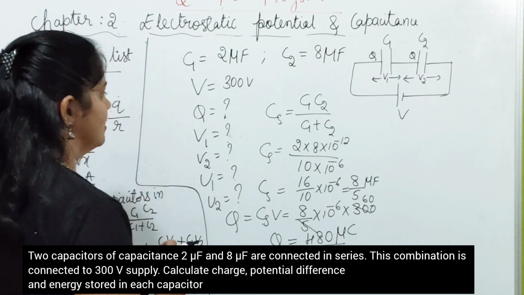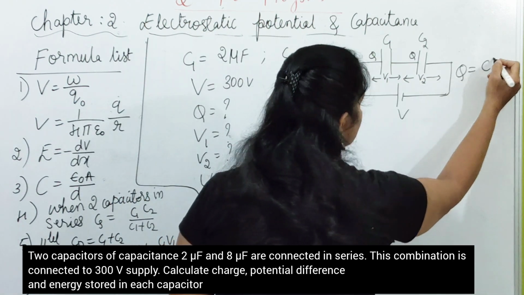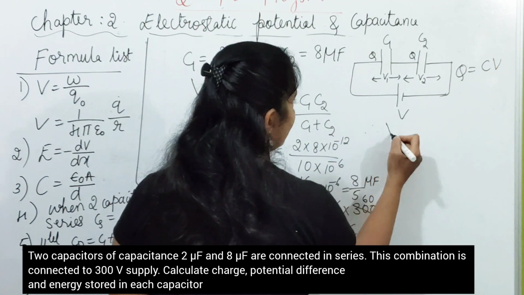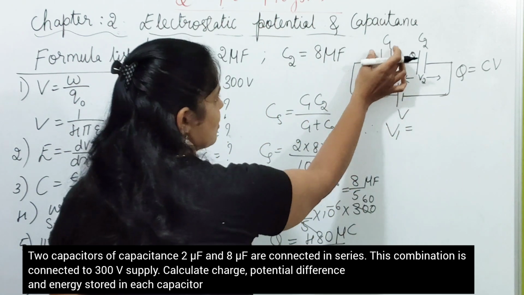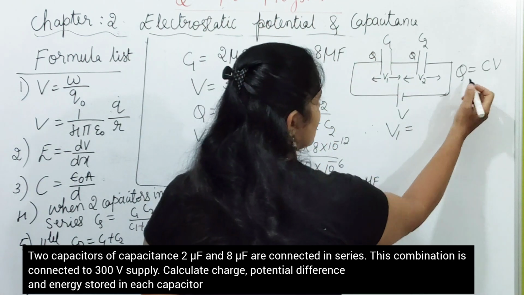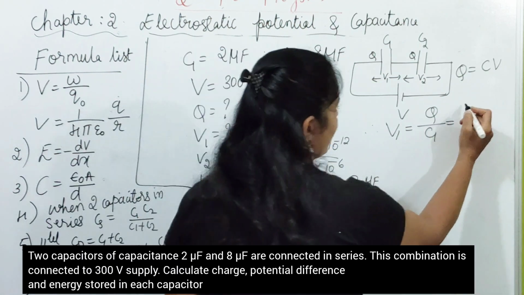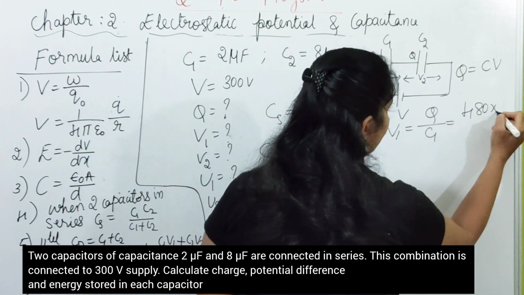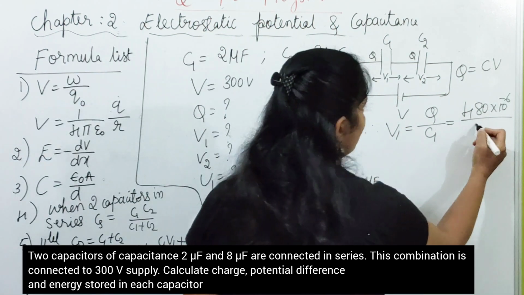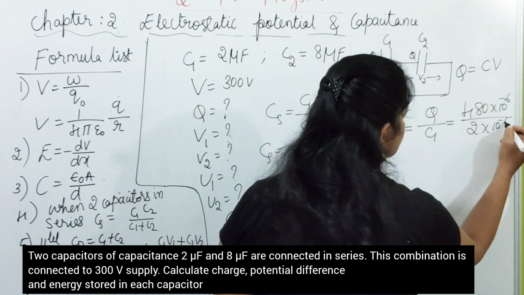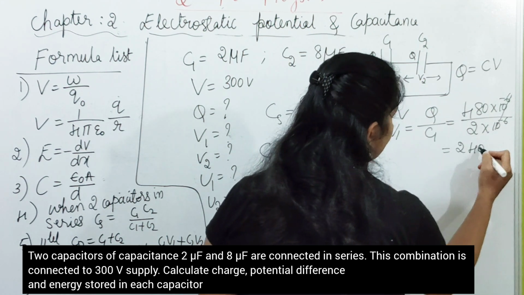Now let us calculate V1 and V2. We know the relation Q is equal to CV. So how to calculate V1? V1 is the voltage or potential difference across the first one, which is Q divided by C1. Q is 480 microcoulomb, 480 into 10 to the power minus 6, divided by C1, which is 2 into 10 to the power minus 6. This cancels. 480 by 2 is 240.